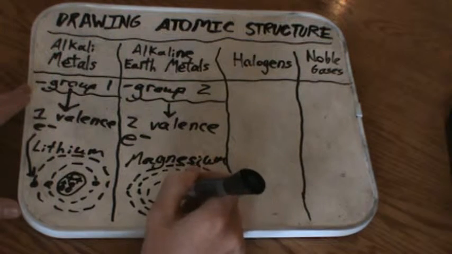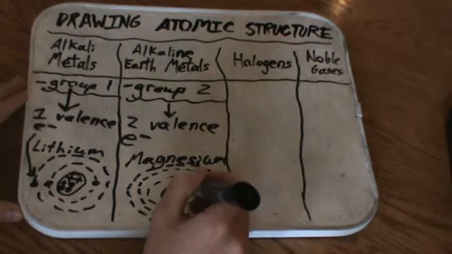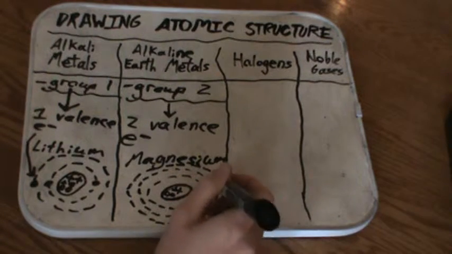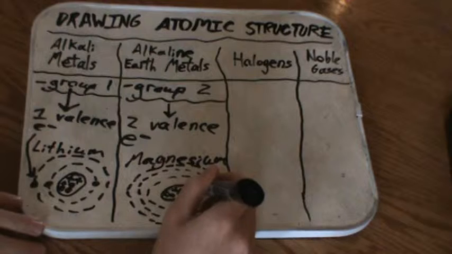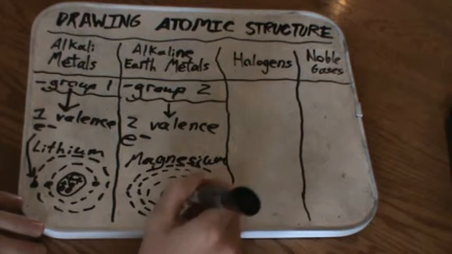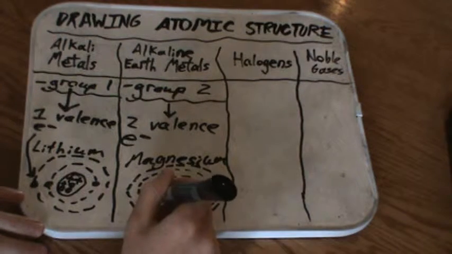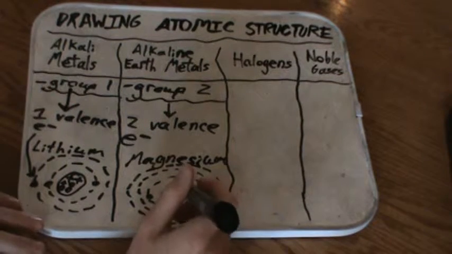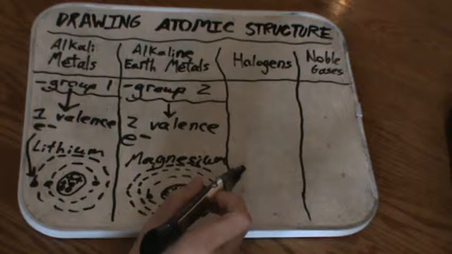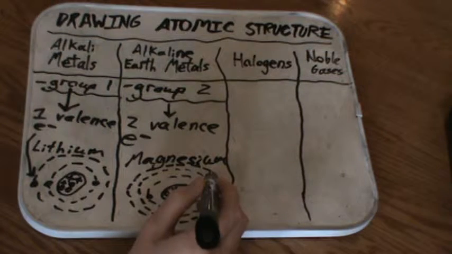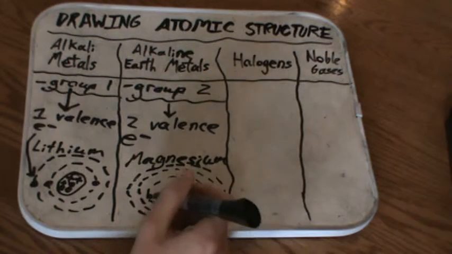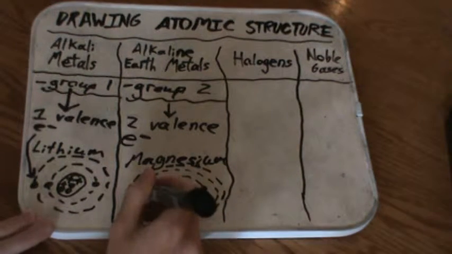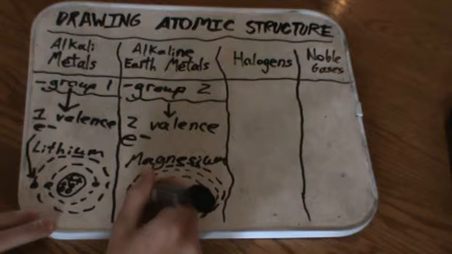Let's just draw a few protons and neutrons, even though we know there are many more in the magnesium nucleus. And now we will start to fill up the energy levels. So we know that in the first energy level, there are only 2 electrons, as we saw when we looked at how hydrogen and helium are the only elements in the first period, which corresponds with the filling of the first energy level. And that is organized that way by design.